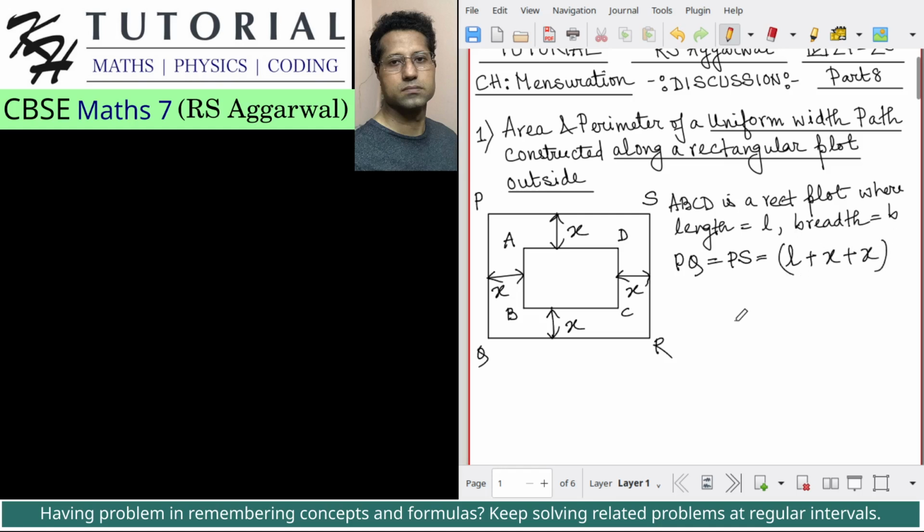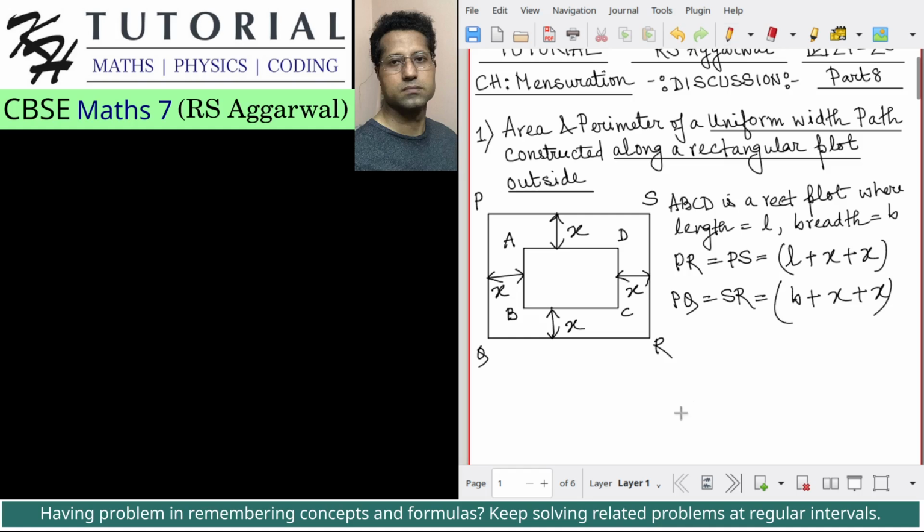So this is the length of the rectangle PQRS, the outer boundary of the path. Also the width or the breadth of the rectangle PQRS, PQ equal to SR, will be equal to the breadth of the rectangular plot, which is B, plus x on the top and x on the bottom.